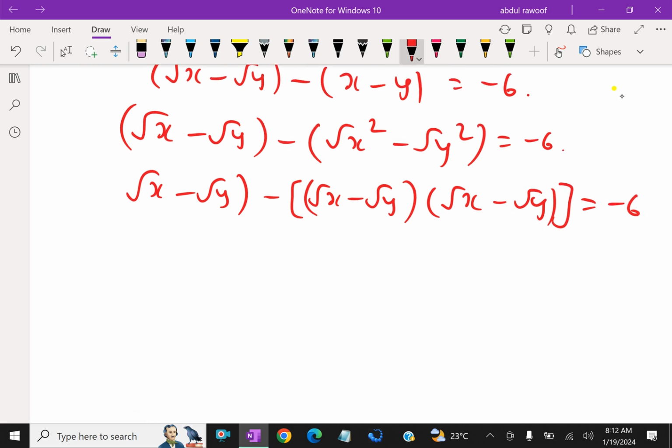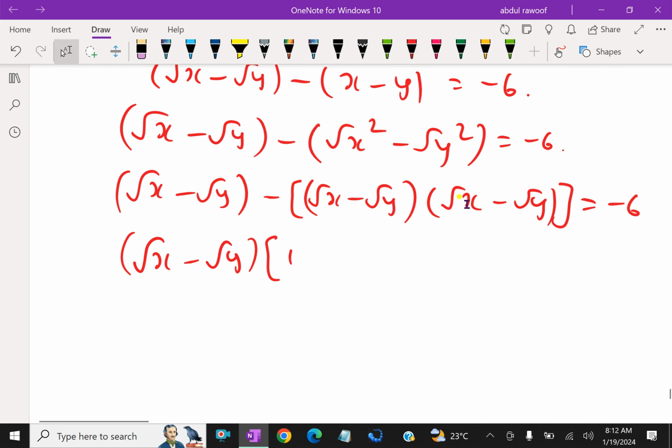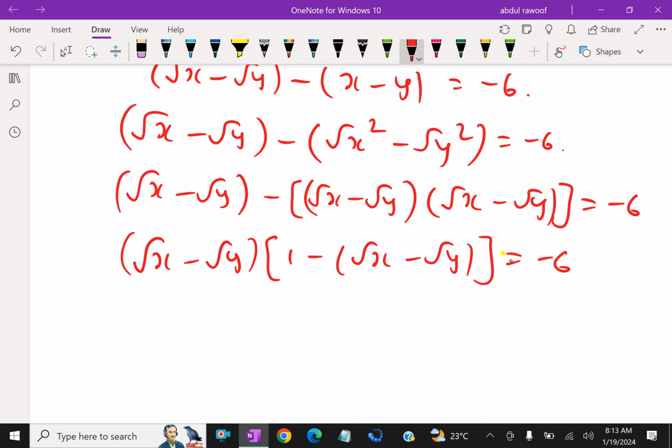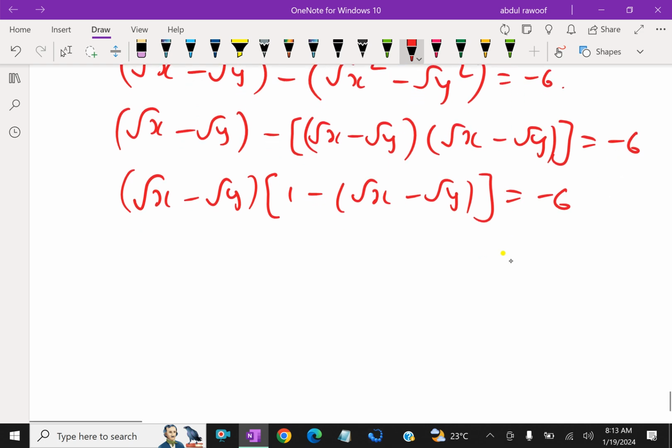Further, I take root x minus root y as a common factor: root x minus root y times, in brackets, 1 minus root x minus root y, equals minus 6.